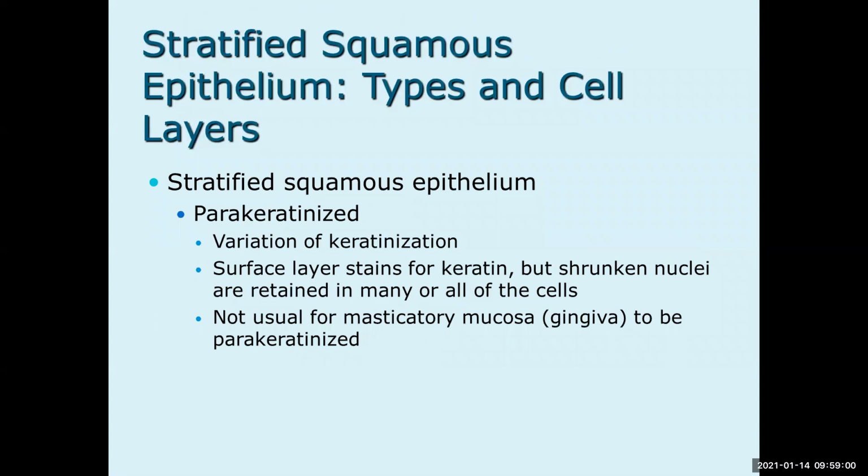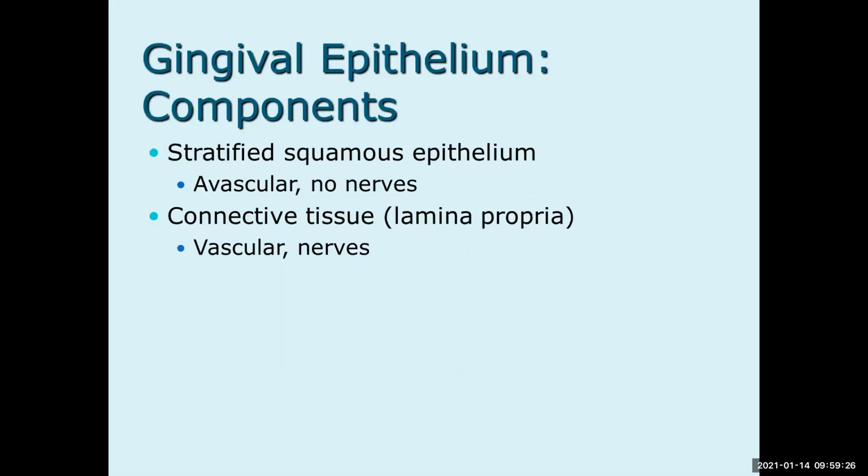That is when you've got a variation of keratinization. The surface layer, when you're making slides, stains for keratin, but there are shrunken nuclei retained in many of the cells. It's not usual to see masticatory mucosa be parakeratinized. It's usually fully keratinized. Just some trivia.